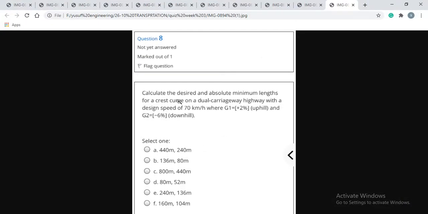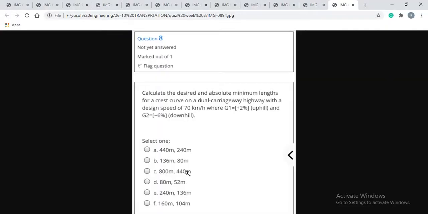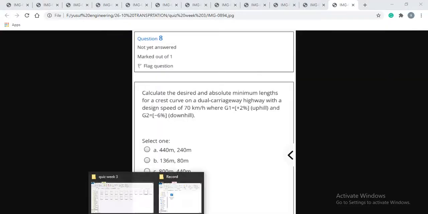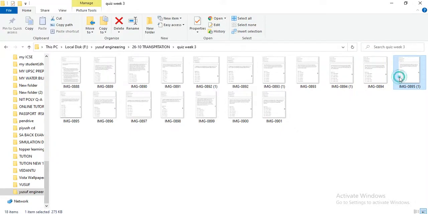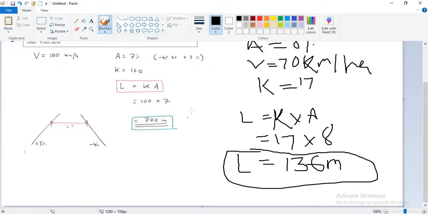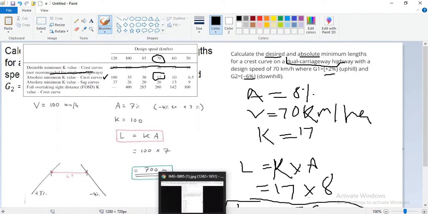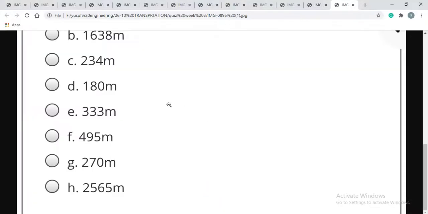So the next one, again the same question is here. Absolute minimum length for a sag curve of a dual carriageway highway with the design speed. I have solved such a question, in the last question also it was the same. The method will be the same, the same procedure will be repeated here, and there is no difference.